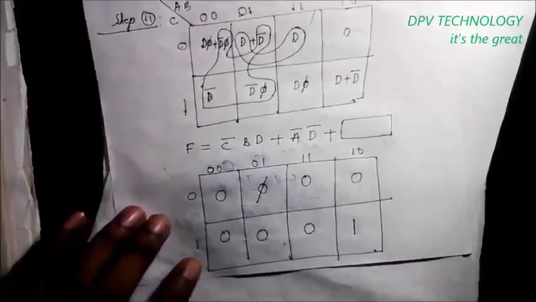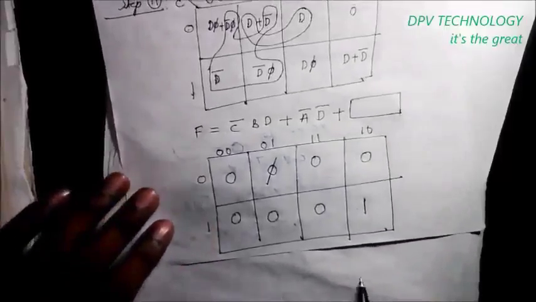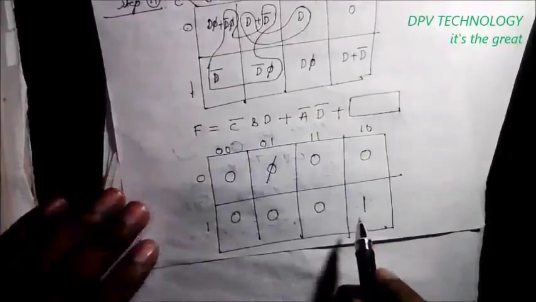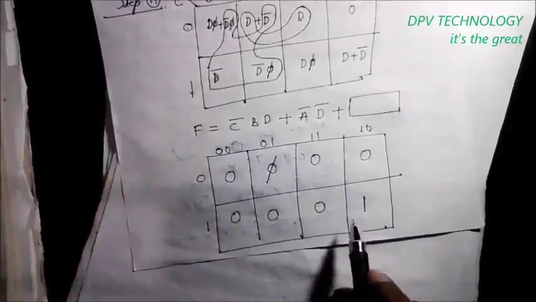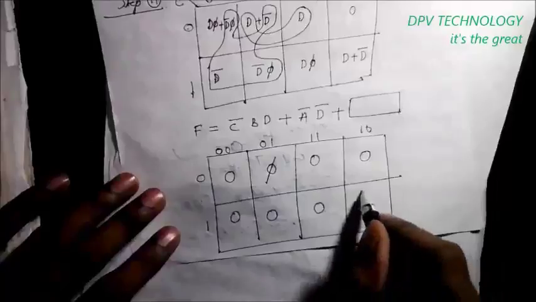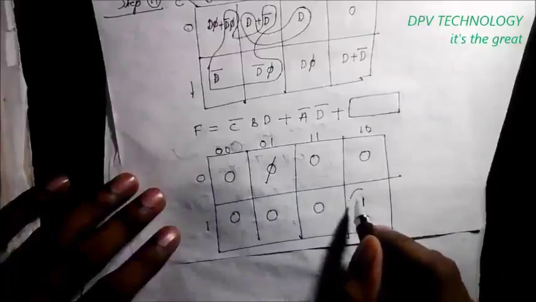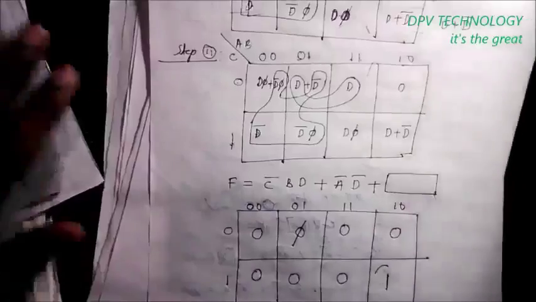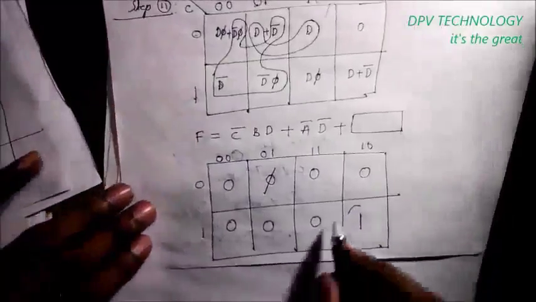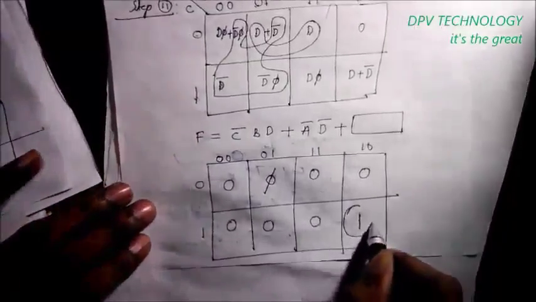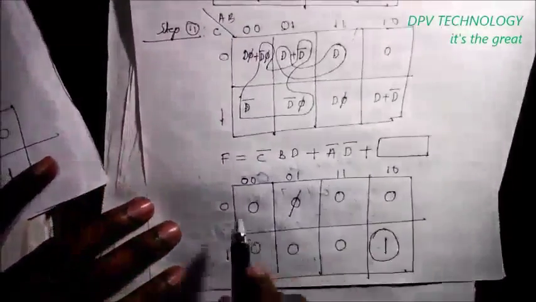Then again you have to group this one as much as you can efficiently. So group this thing. We have to group this thing alone because we do not have 1 here.